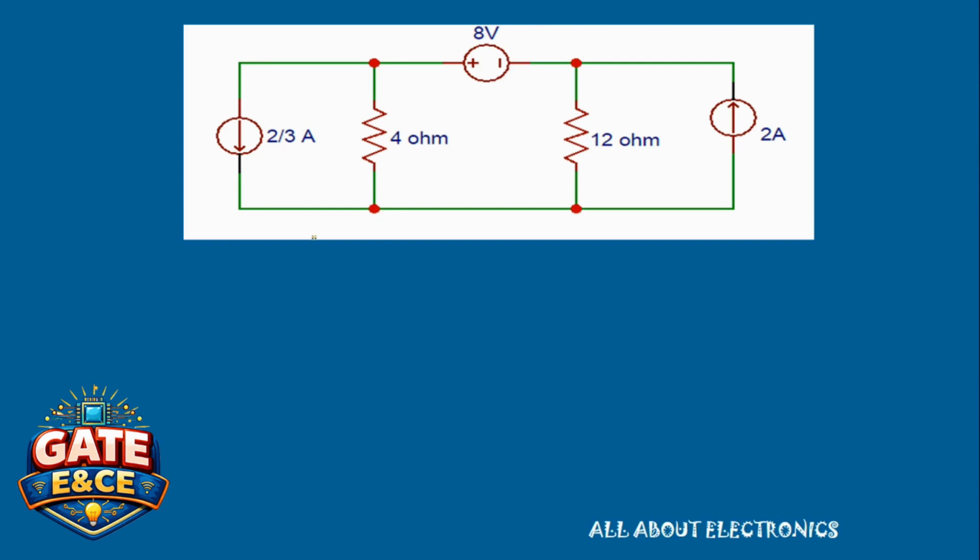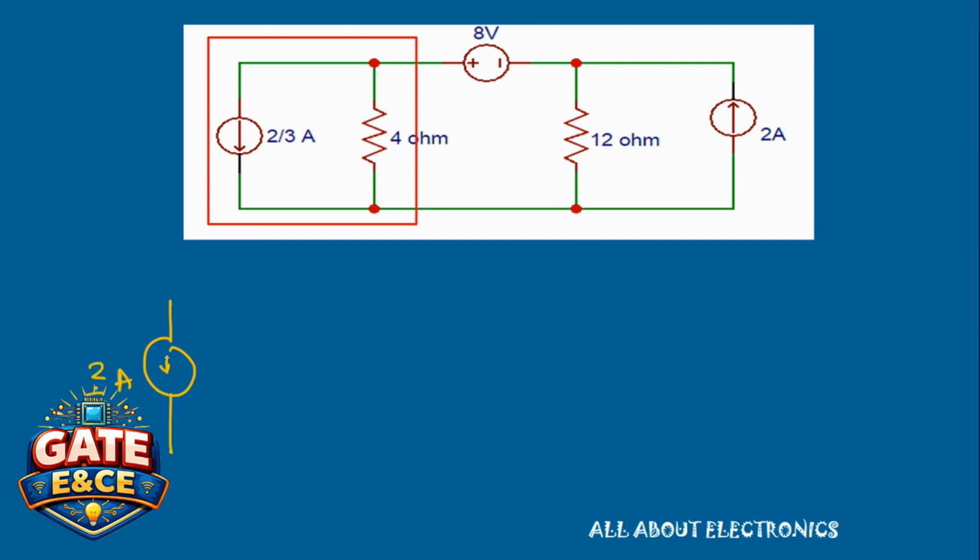So now here again, as you can see, we can transform this current source into the voltage source so that we have this 8 volt voltage source with this transformed voltage source in series. So now let's convert this current source into the voltage source. So here now we have a 2 by 3 ampere current source with 4 ohm resistor in parallel.